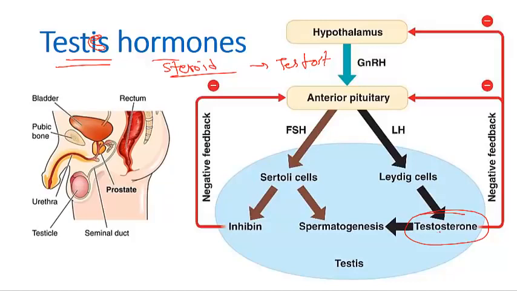This testosterone aids the development of gametes, that is the production and maturation of sperm cells in male. It also provides the secondary sexual characteristics, and it also controls the libido. And the other one, inhibin, actually inhibits the release of follicle stimulating hormone from the anterior pituitary.